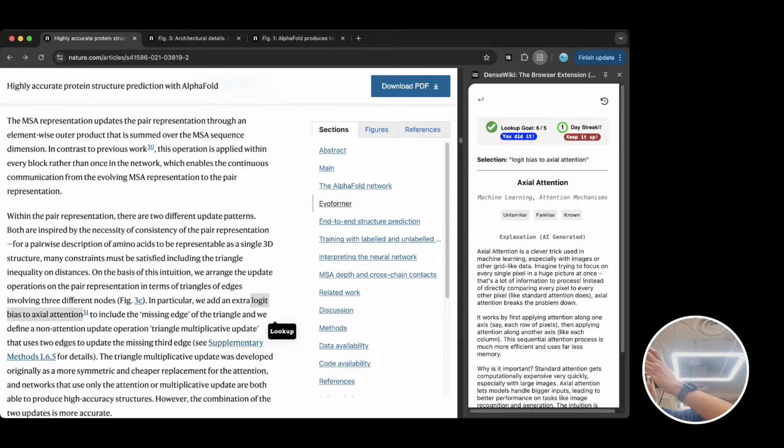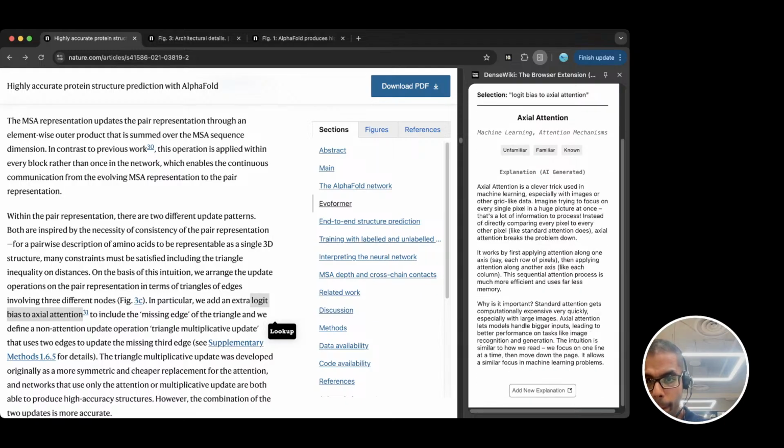Axial attention is a clever trick in machine learning, especially with grid-level data. Okay, first it applies attention along one axis, each row and then each column.